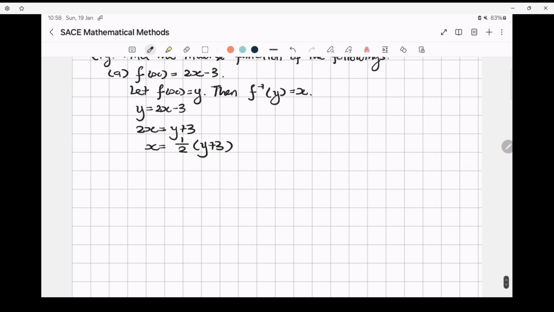So x is f inverse of y. Now you exchange back your x and y, and f inverse of x will be 1 over 2 times (x plus 3).